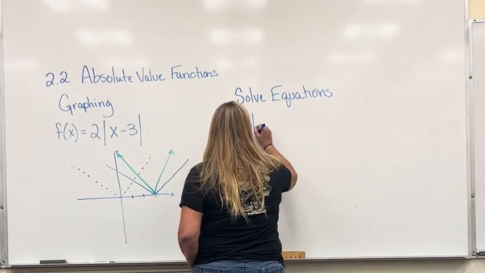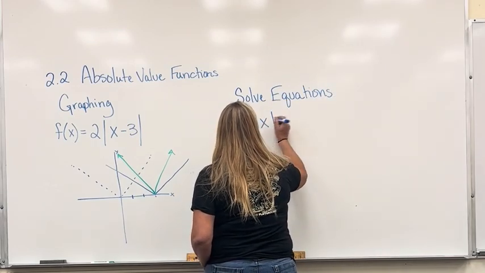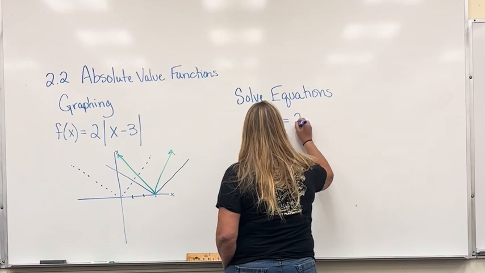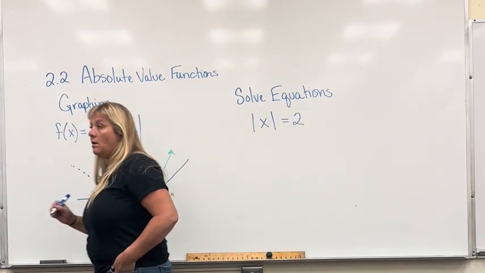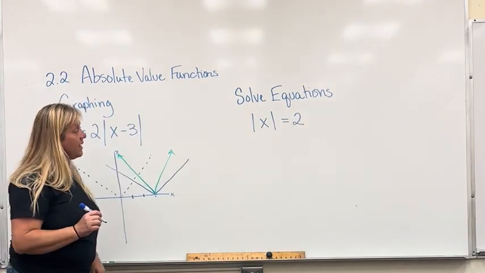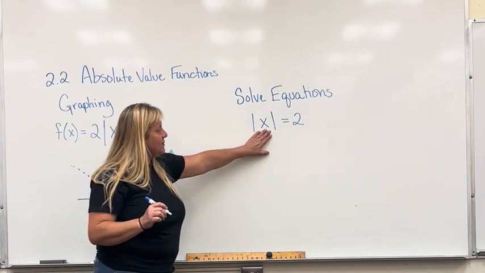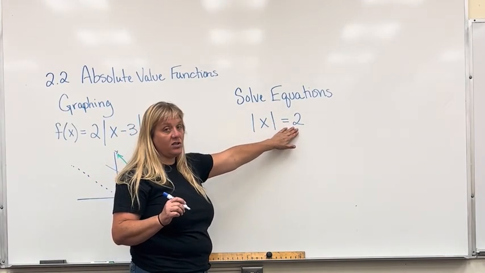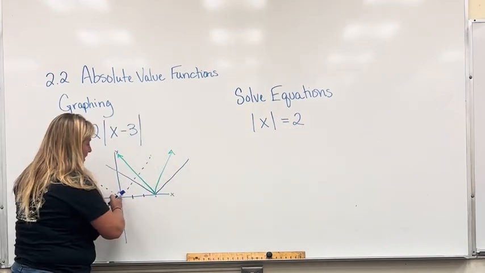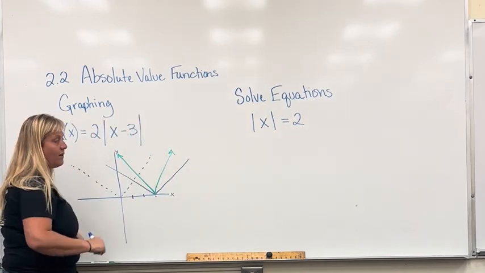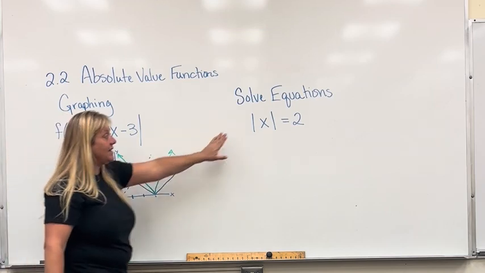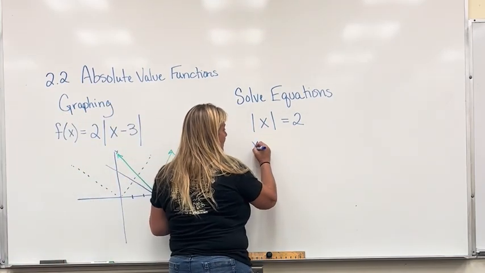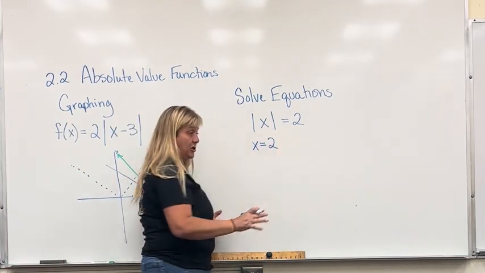And we'll start off with just the most basic. Let's say we have absolute value of x equals 2. Now, if we want the absolute value of x, so the x is inside the absolute value sign, to be equal to 2, what we need to remember is because both sides of this graph are going to be positive, yes, the easy one there would just be to say that x will equal 2, for sure.